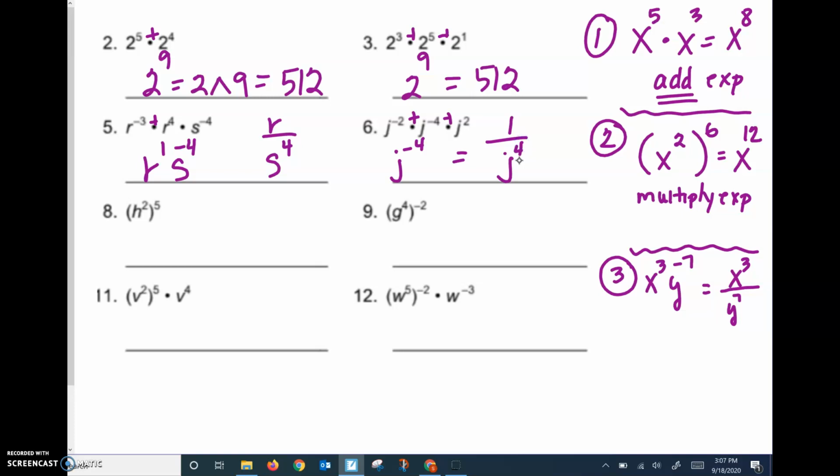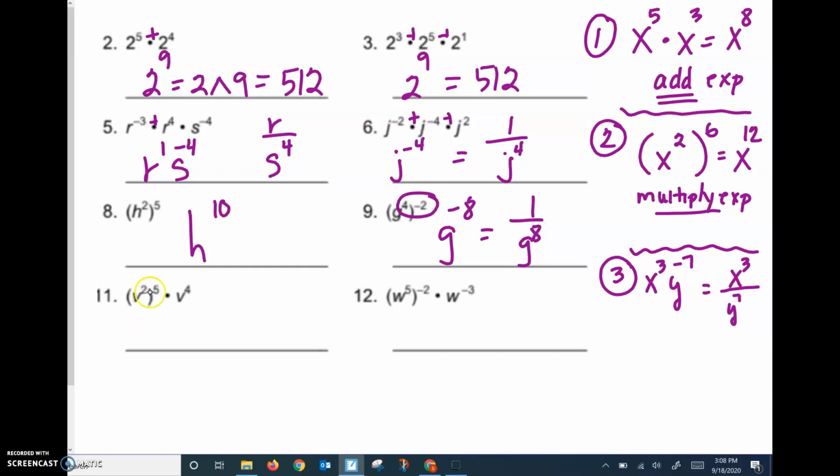All right, number 8 no longer looks like that first one. It looks a little different. It looks like number 2, and we are going to multiply exponents. So this is going to be h to the 10th. G, again, it looks like this, the same thing, and we're going to multiply those exponents. So we get g to the negative 8th. So this is 1 over g to the 8th.